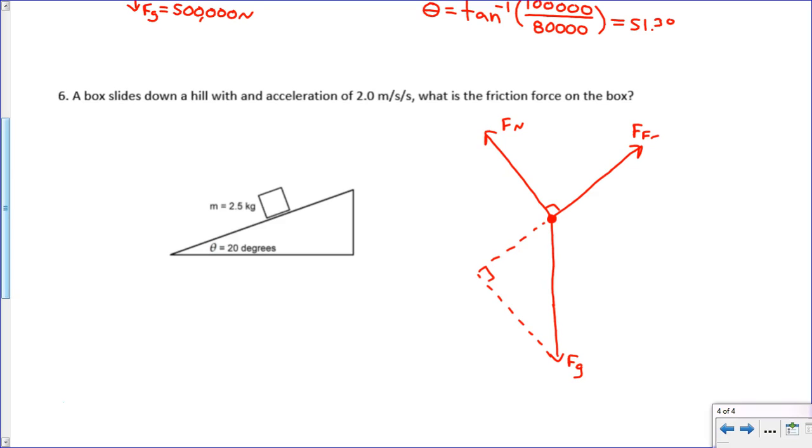And so now I've broken my gravity force down into components that are parallel with the friction force and the normal force, so that I can have them sort of cancel out with each other. So I've got a component that's going down the hill, and a component here that's going perpendicular to the hill and still kind of down. And those are my two components of gravity. It's a 2.5 kilogram box, so I know that it's 25 newtons for the gravitational force. The next thing I need to do is figure out the angles involved in this problem.